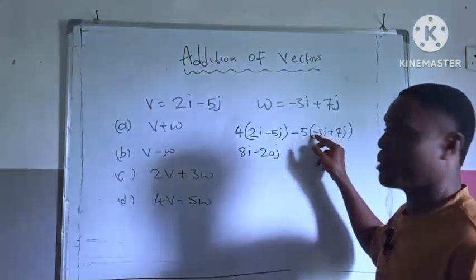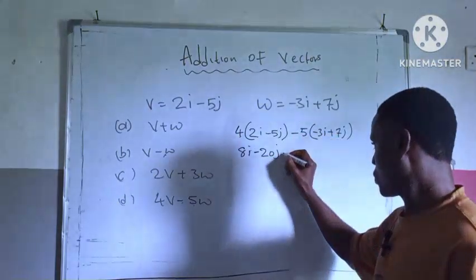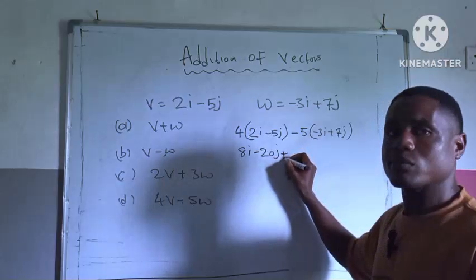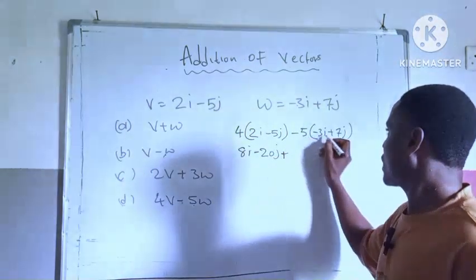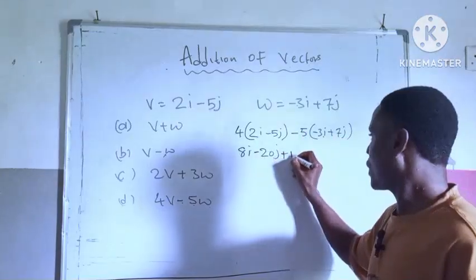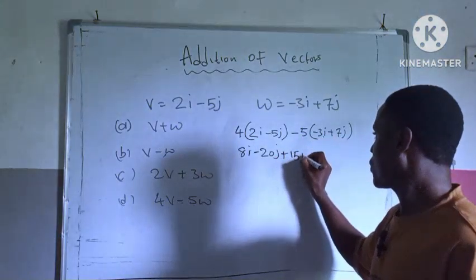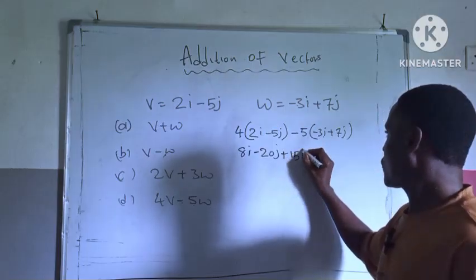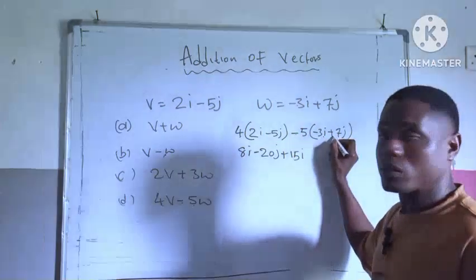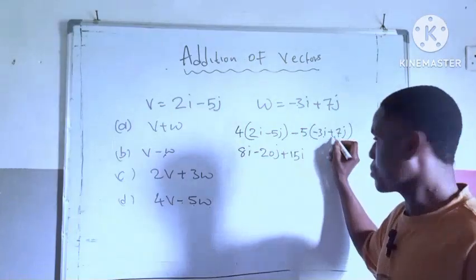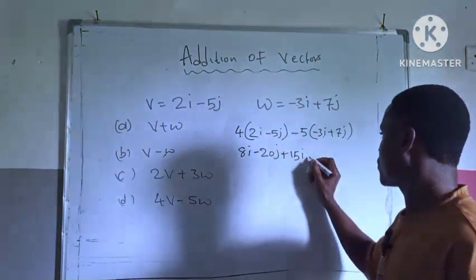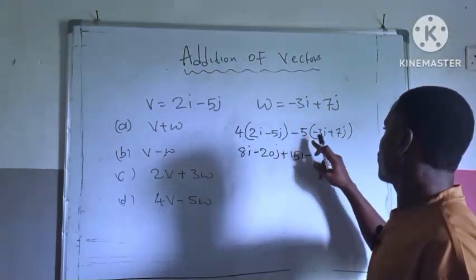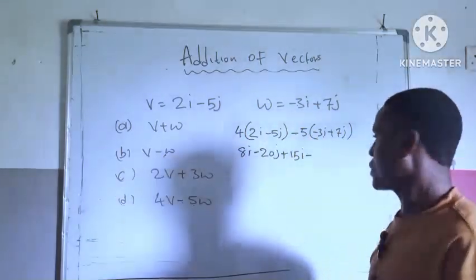So minus times minus is plus, so you put plus first. Are you getting it? Then 5 times 3i is 15i. 5 times 3 is 15. Then you put i. Then the second one, minus times plus is minus, so you put minus. Then 5 times 7 is 35.